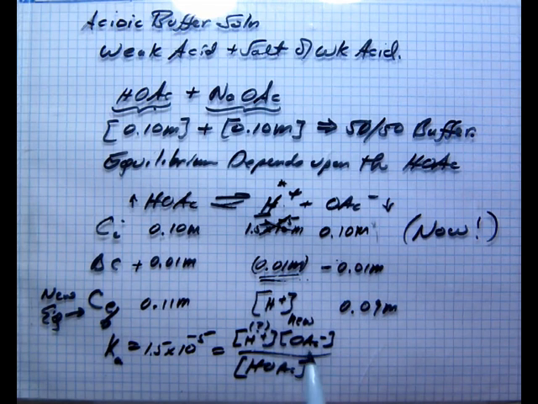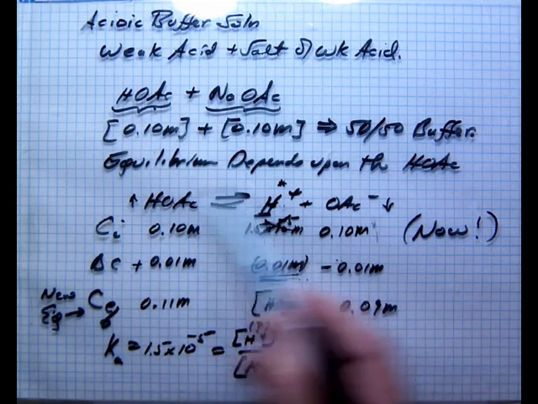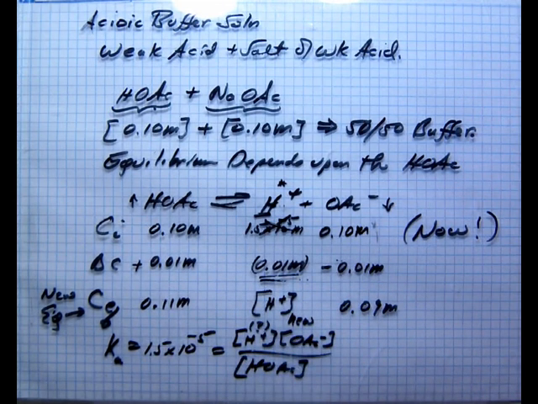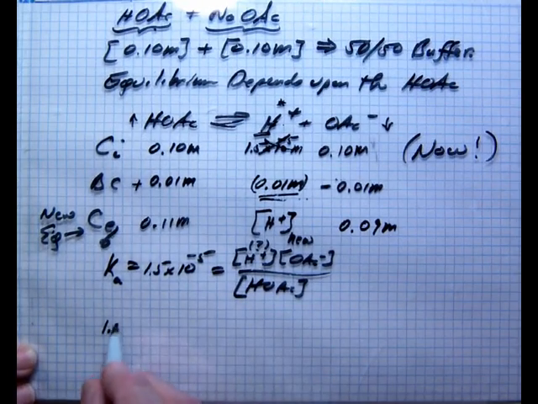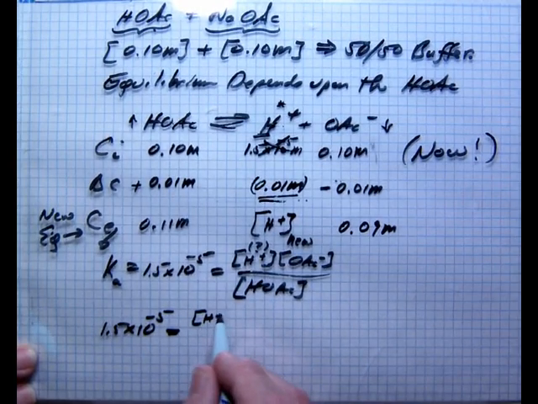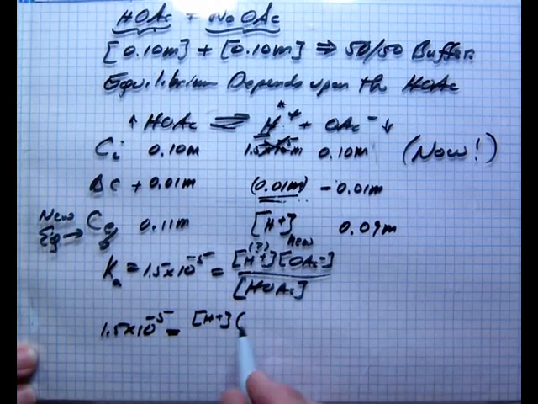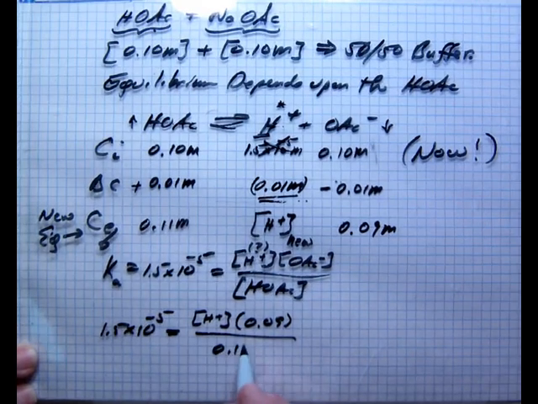Okay. We have the new concentration of the acetate ion and the new concentration of the acid after the effective change takes place, after we shift the equilibrium and reestablish. The only unknown is the hydronium ion down here. So what we'll do is have 1.5 times 10 to the minus 5 equal the hydronium ion times the acetate, 0.09, divided by 0.11.